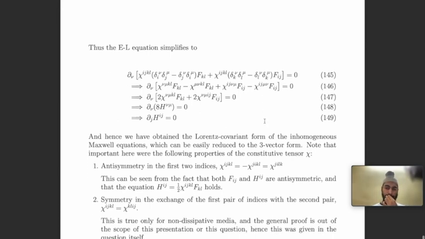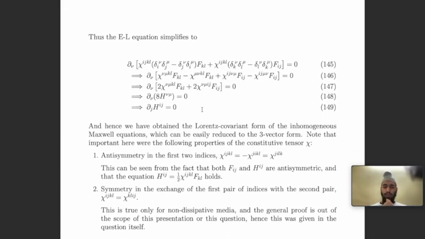Now important is that the constitutive tensor has some symmetries and antisymmetries. Number one, it has antisymmetry in the first two and second two indices. So chi ijkl equals minus chi jikl, and chi ijkl equals minus chi ijlk. That is encoded here. So that allows us to turn these minus signs into plus signs and exchange indices.